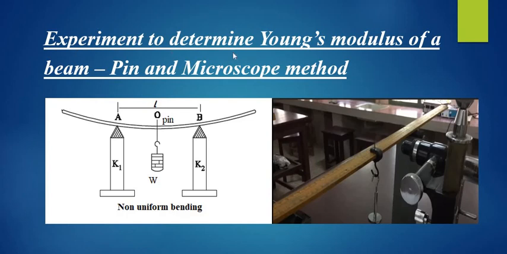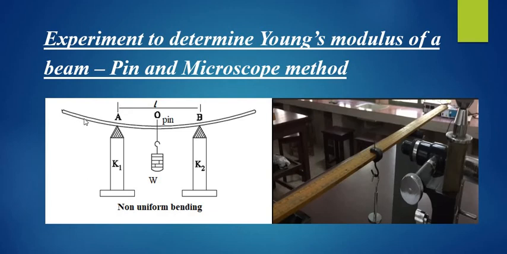This is the experimental procedure to determine the Young's modulus of the material of a beam using the pin and microscope method. This is the experimental arrangement.